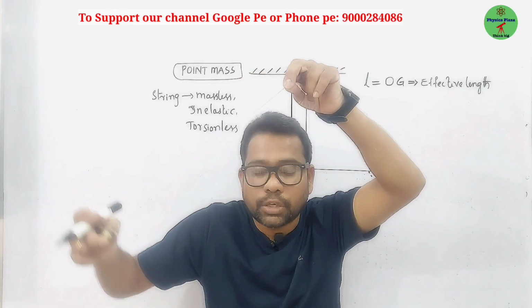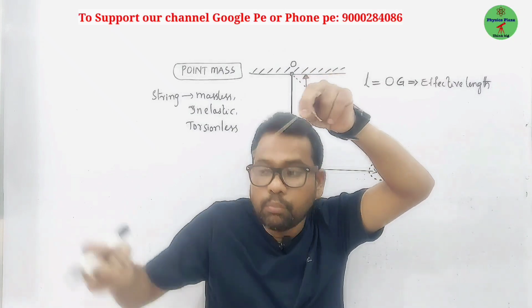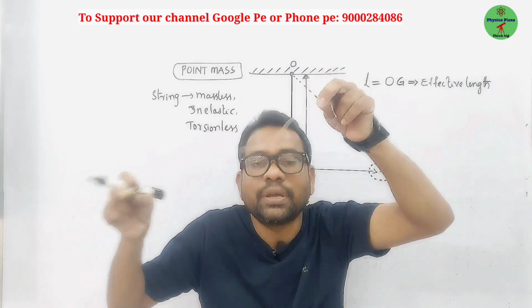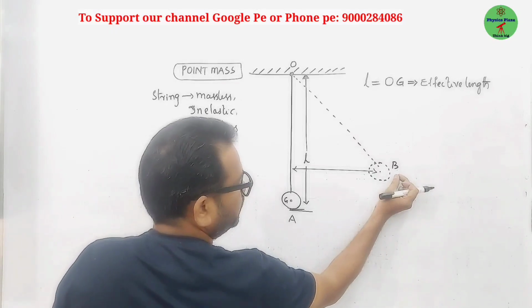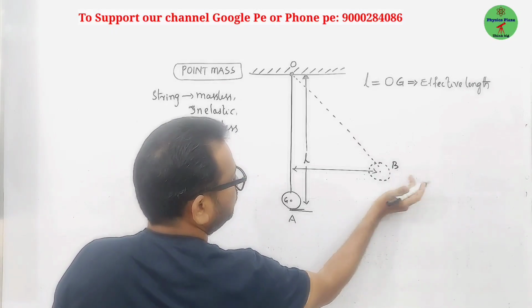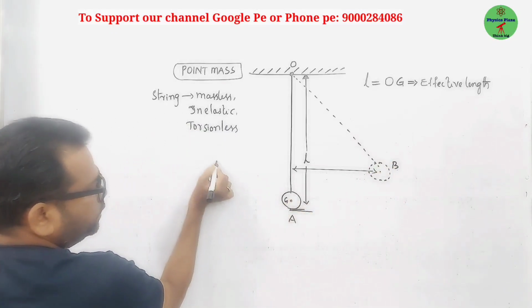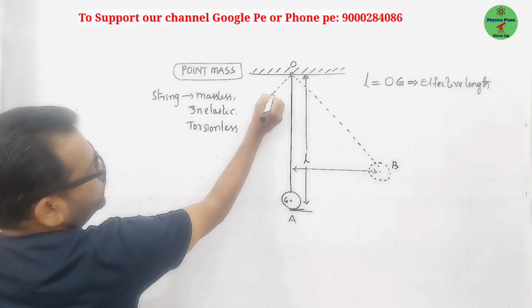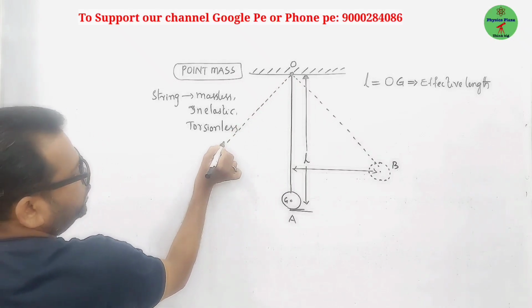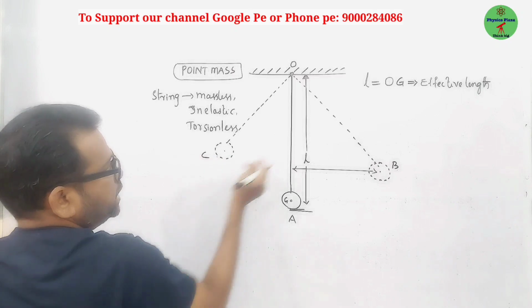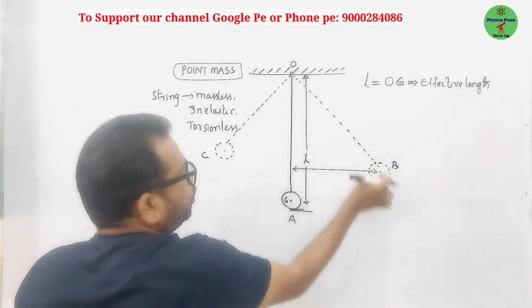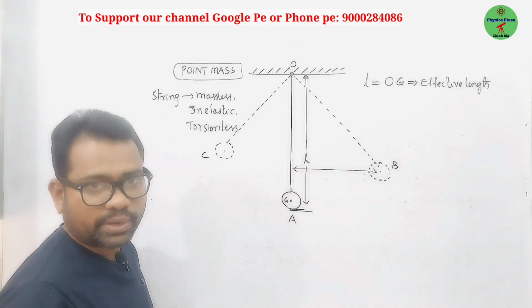This complete to and fro motion of the bob of the pendulum is called oscillation. When you take this point B and leave it, it comes like this and goes to, let us say, point C. OA is called the mean position. B and C are called extreme ends.